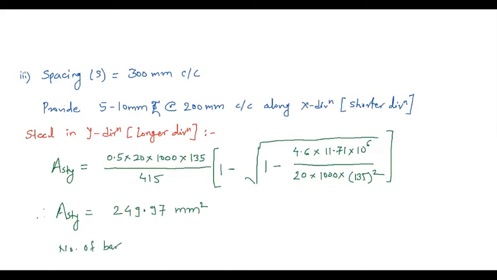Number of bars is equal to 249.97 divided by pi by 4 into 10 square. Calculate now. 3.18. Okay, so 3.18, which is nearly equal to 4 numbers.